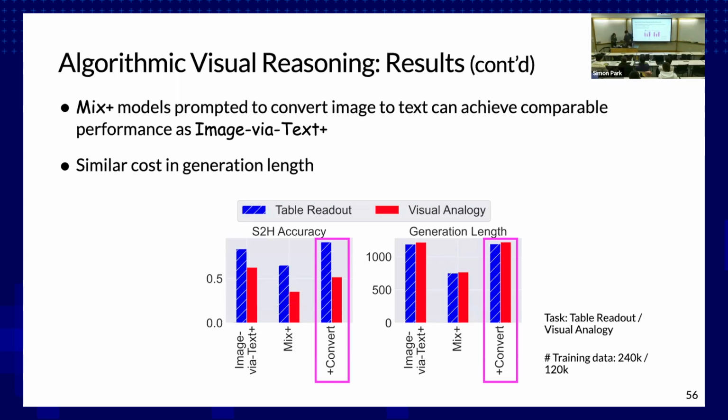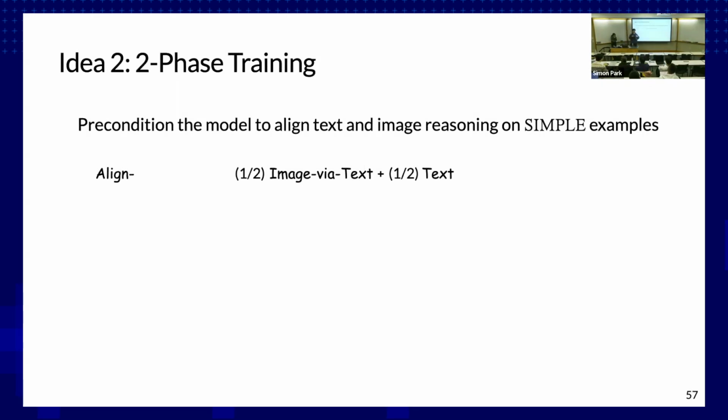So the next question is, how can we internalize this conversion into the model? We propose a two-phase training strategy where we include a very short pre-training phase on a mixture of image via text and text.